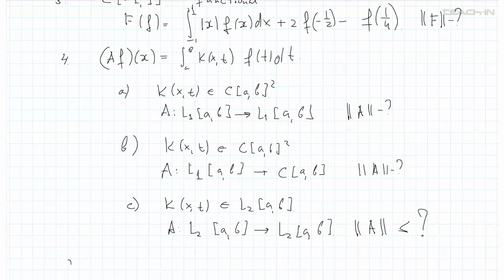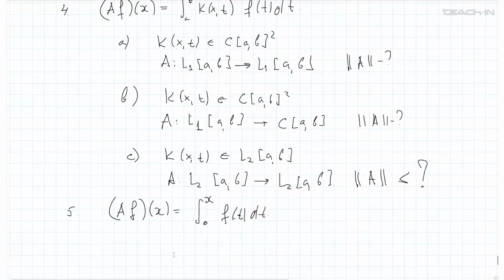And 5. The operator A f of x is the integration operator, the integral from 0 to x of f(t) dt. A: in the space C[0,1], so it's from this space to the same space. Find the norm.